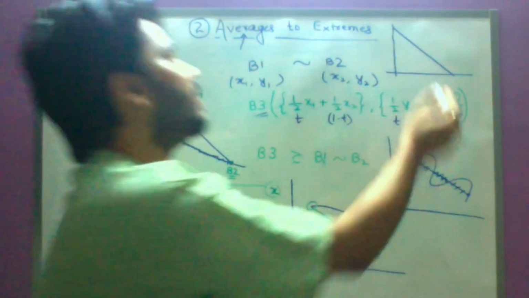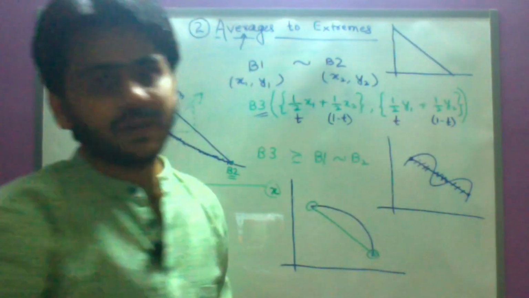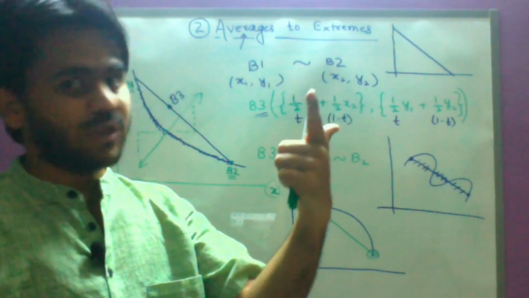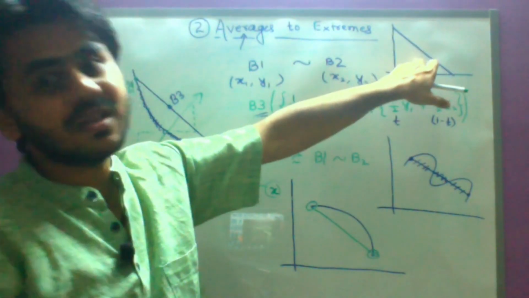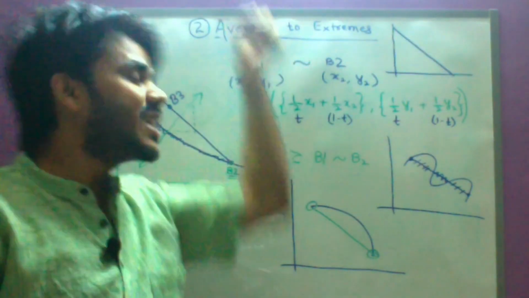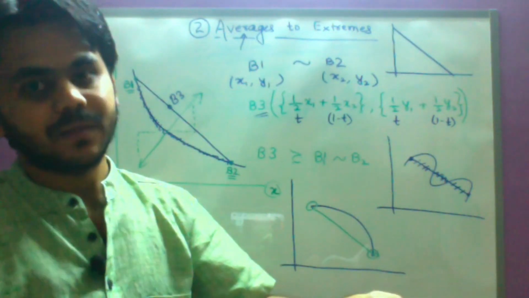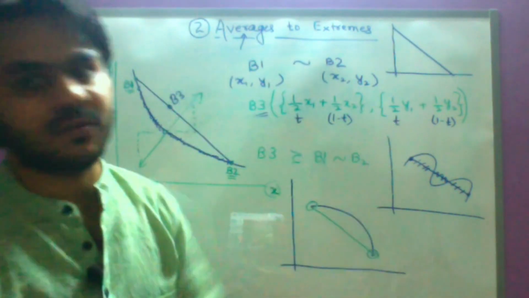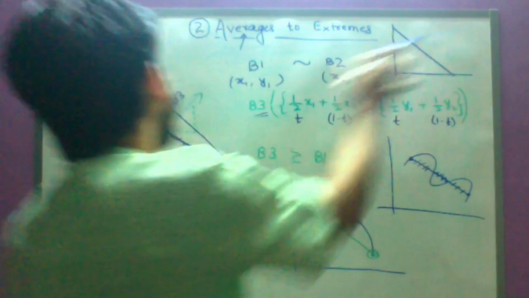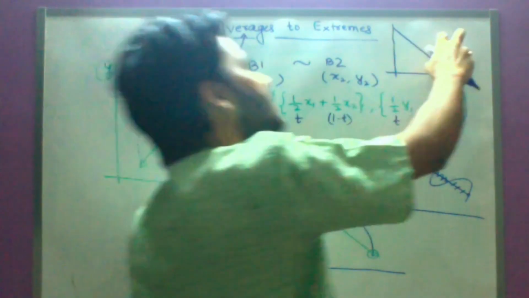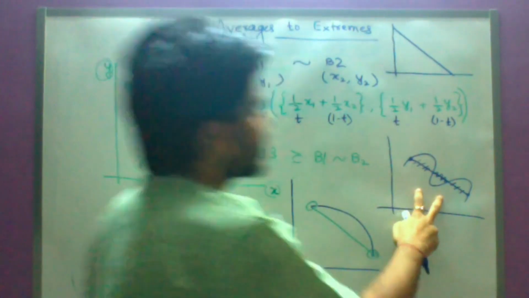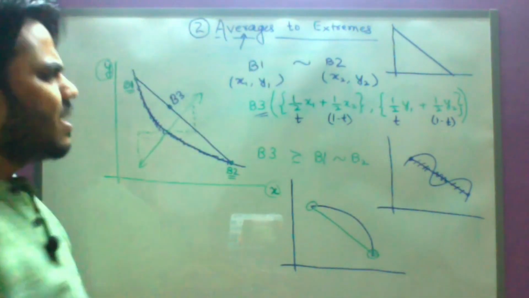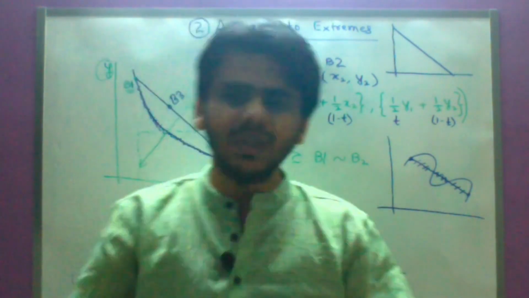So it is obeying the first two assumptions, more is better, averages to extremes, but it is not obeying the third assumption, which is averages are strictly preferred to extremes. Not just preferred, strictly preferred. This is just preferred, this is strictly preferred. This is just convex, this is strictly convex. This is non-convex, this is concave. So I hope you understood the idea of well-behaved preferences.